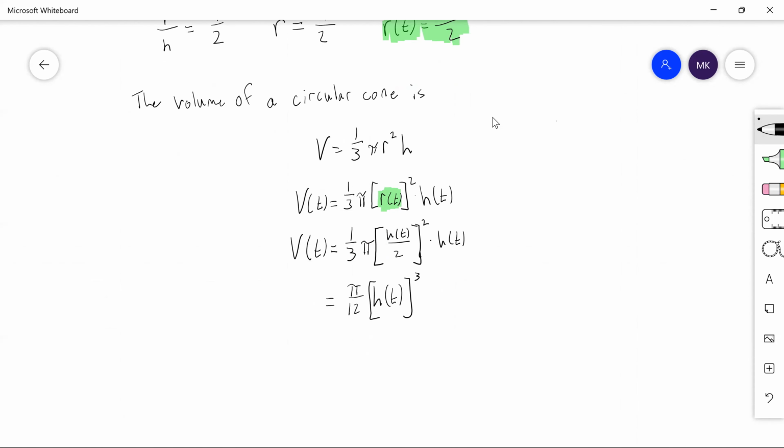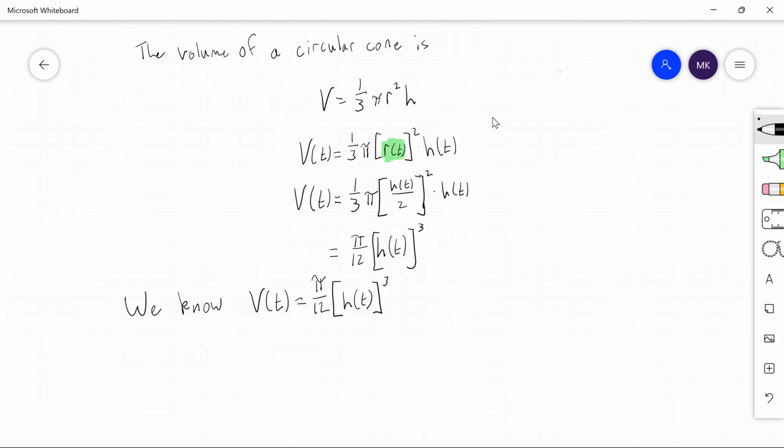All right, so we now know that v of t is pi over 12 times h of t cubed.